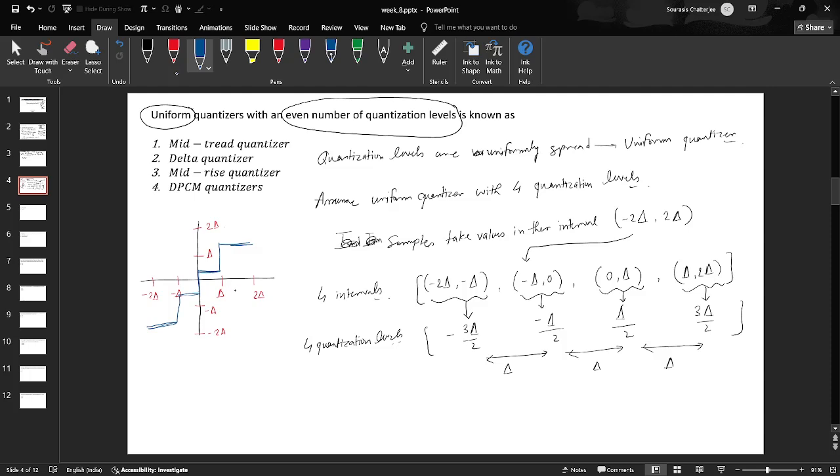So this is the characteristic of your uniform quantizer. See, this step here is at delta over 2, this is the quantization level. This one here is 3 delta over 2, so this is the quantization level. This is the quantization level minus delta over 2, and this is the quantization level minus 3 delta over 2.